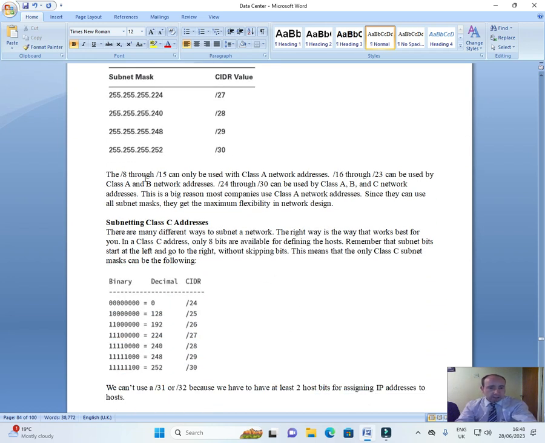The /8 through /15 can only be used with Class A network addresses.